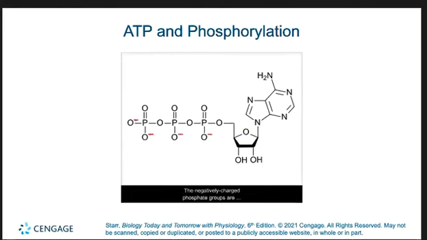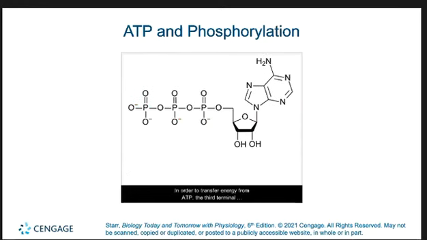The negatively charged phosphate groups are attached to each other by two phosphate bonds, a type of covalent bond often represented by squiggles in ATP's molecular structure. These phosphate bonds are used to transfer energy that powers endergonic reactions. Remember that endergonic reactions require an overall input of chemical energy.